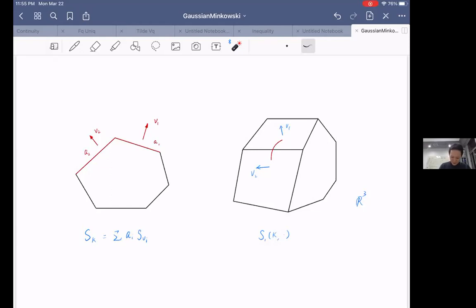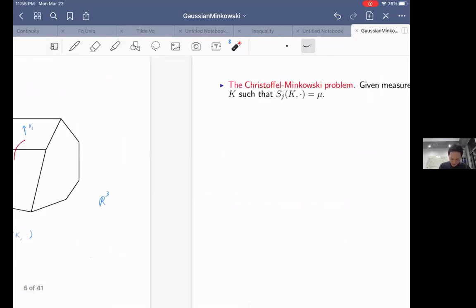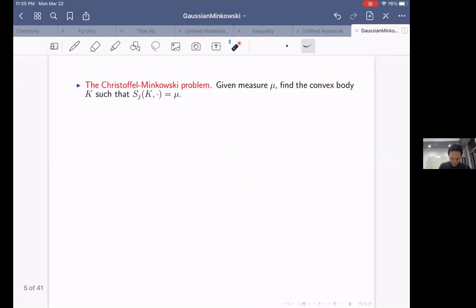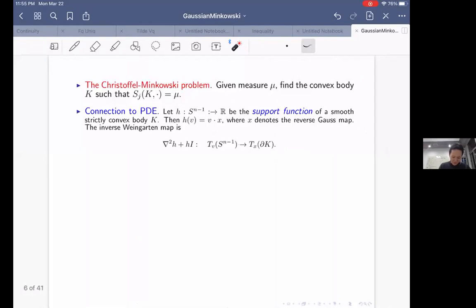That's part of the geometric explanation of these measures. Generally, the Minkowski problem for these S_j measures is called the Christoffel-Minkowski problem.